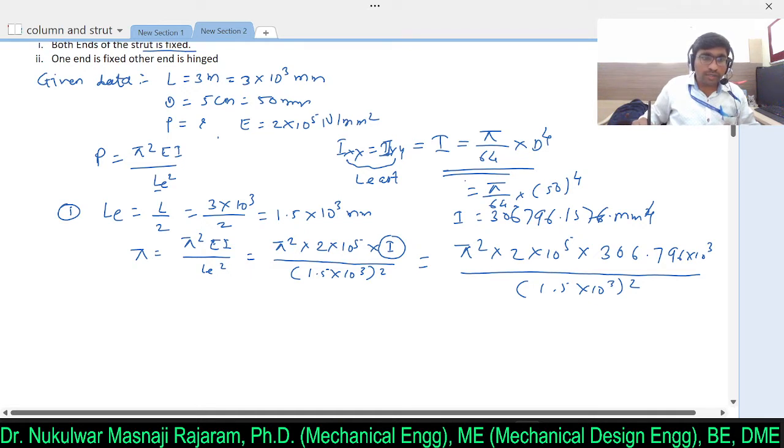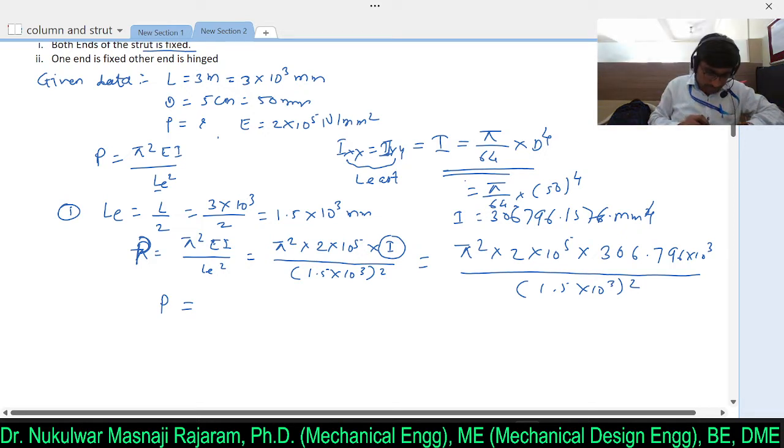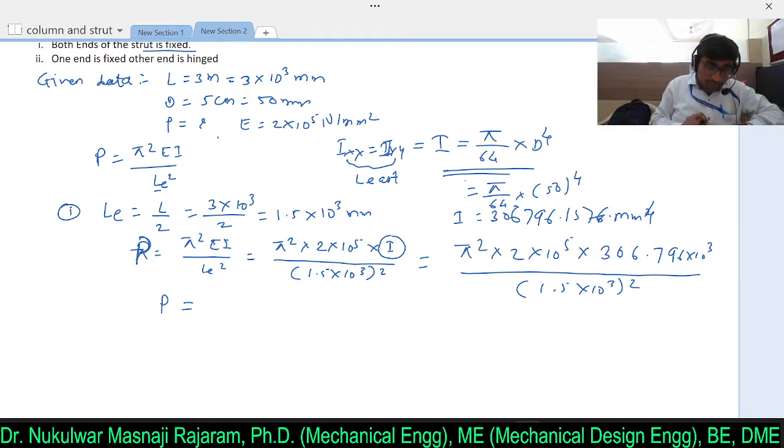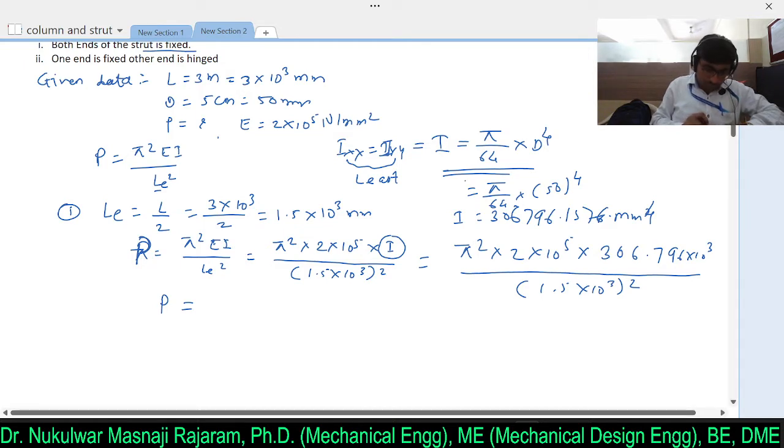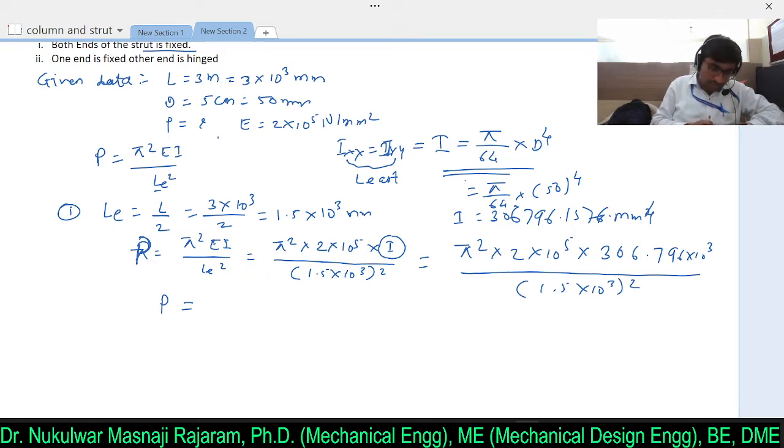So here this is the crippling load. So if you evaluate the crippling load, then it will be pi square into 2 into 10 raised to 5 into 306.796 into 10 raised to 3 divided by 1.5 into 10 raised to 3 bracket square.